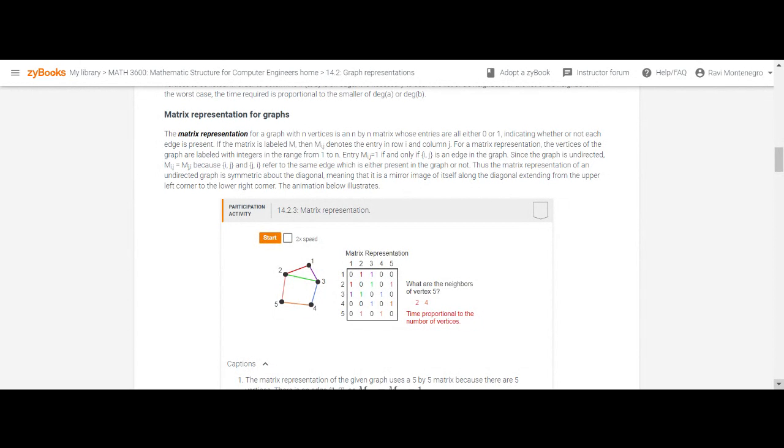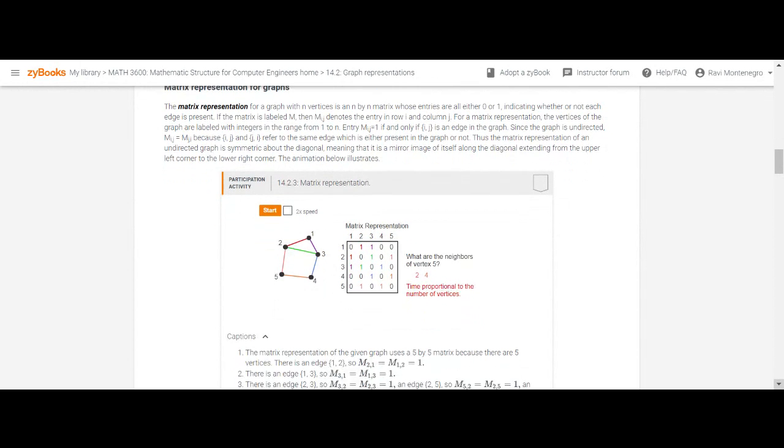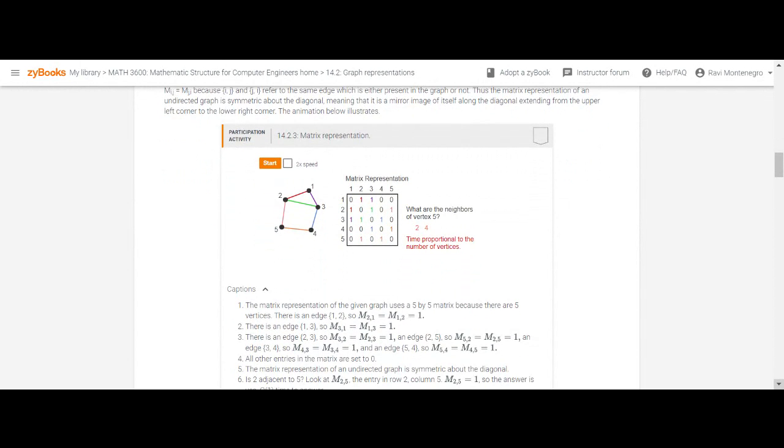So we can represent a graph as a matrix. And the way that you do that is that each vertex corresponds to a row. If the vertices were numbered, then there's kind of an obvious way to do it. In this case, they've numbered them 1, 2, 3, 4, 5. So it's natural to make the rows 1, 2, 3, 4, 5.